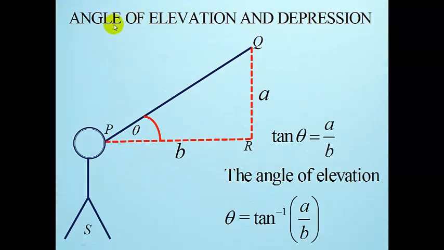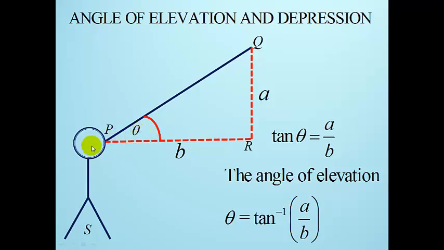Now let's consider the angle of elevation and depression. Suppose you stand at S and you are looking at an object above your level, that is above your height. The angle between the straight line drawn from your eye to the object you are looking at and the horizontal to your eye is called the angle of elevation.